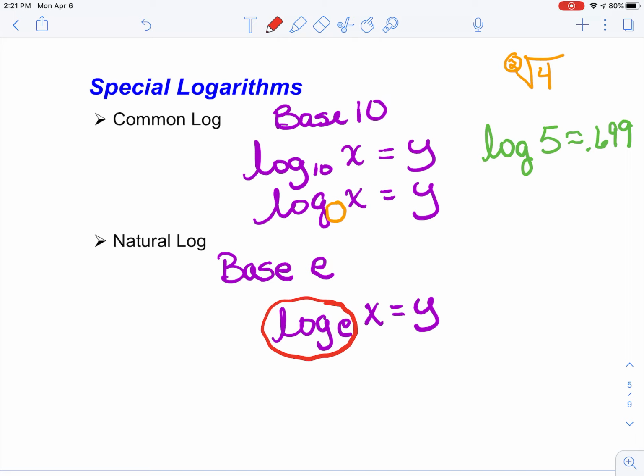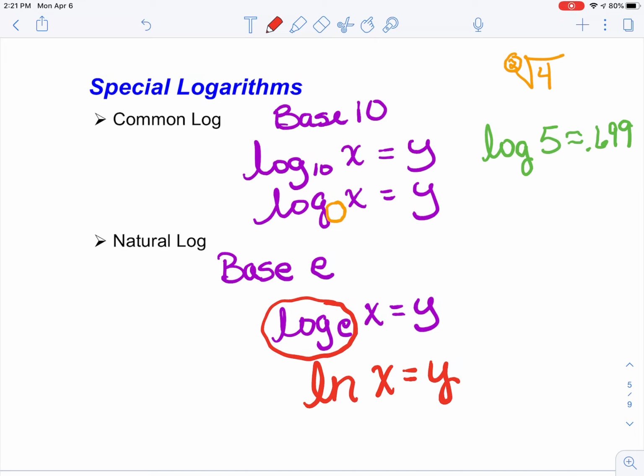Instead of log base e, it's ln, which is natural log. I don't know why the letters are in different order, but natural log of x equals y.